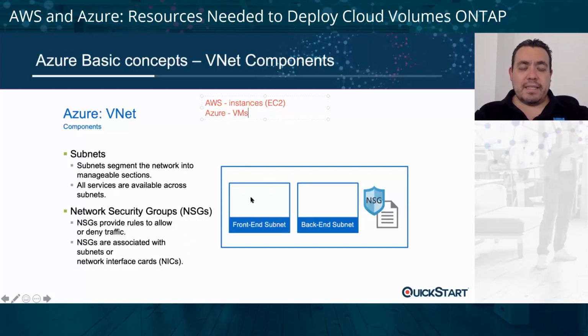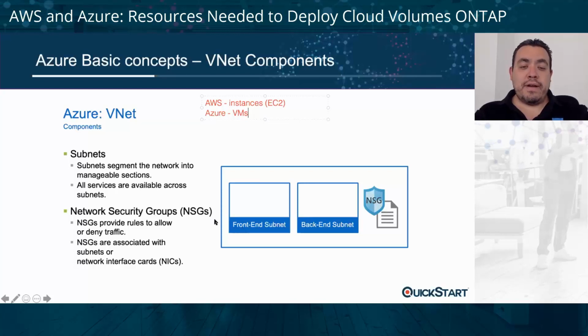And if you want to access those VMs, they go inside your subnet. And the way that we can secure the access to the subnet and to the VM, to both of them, it's with something called NSGs. You can see what NSG stands for, Network Security Groups. And then we can allow or deny traffic to the subnet.